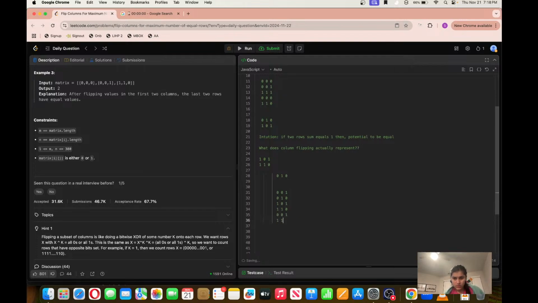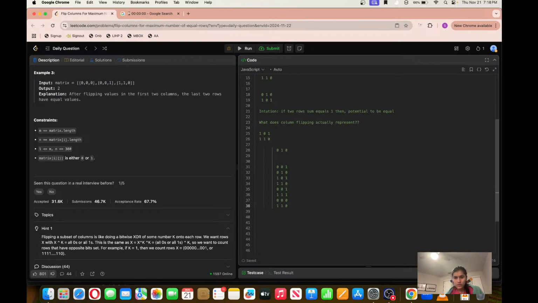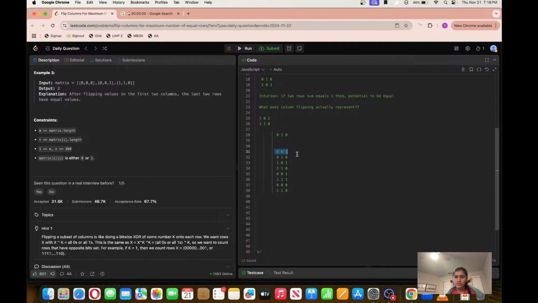Suppose this is 1 1 1, this is 0 0 0, this is 1 1 0 again. What I could have done was, I know the potential to be equal, so I could just consider that two rows are equal if the potential is equal.